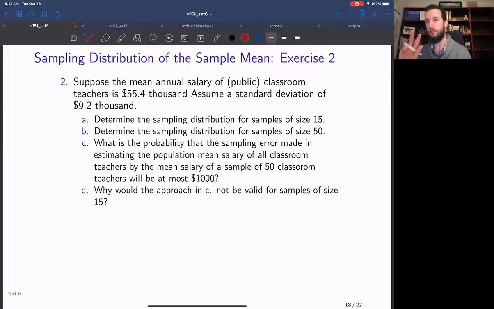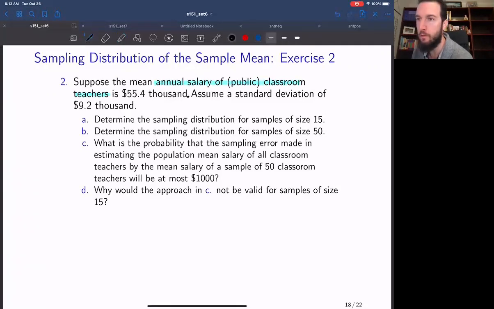Okay, so in exercise 2, it says, suppose the mean annual salary of classroom teachers is 55.4 thousand. Assume a standard deviation of 9.2 thousand. Okay, so we are being told in this question that the variable of interest is the annual salary of public classroom teachers.